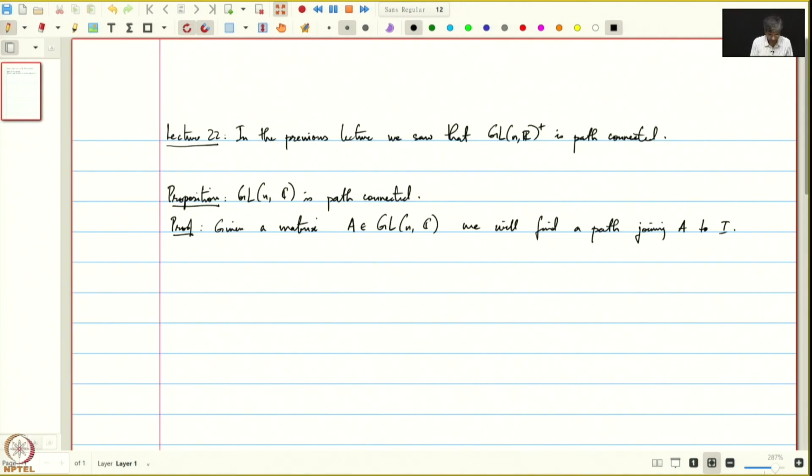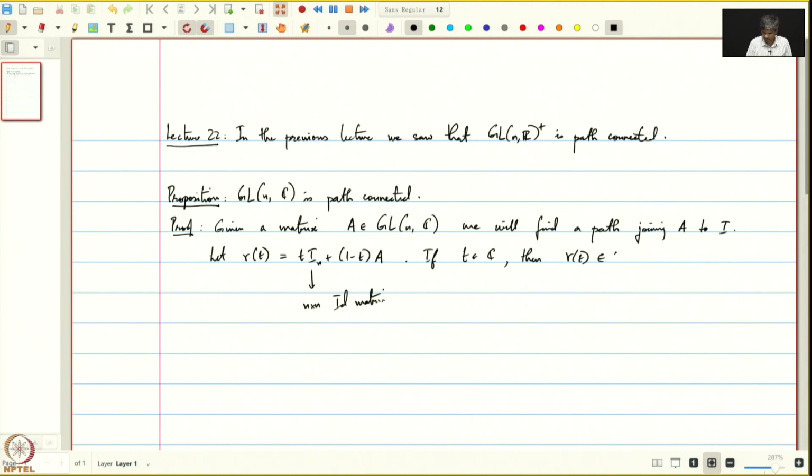So, let us just look at this straight line path. Let us consider this gamma(t), this is t times identity plus (1 minus t) times A. Okay. So, now note that if t is a complex number, then gamma(t) is a matrix in M_n(C). Here I_n is the n times n identity matrix.